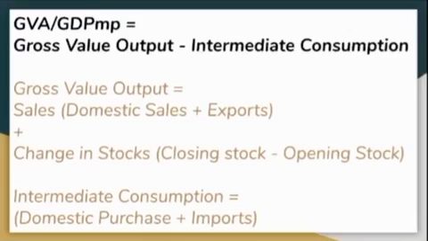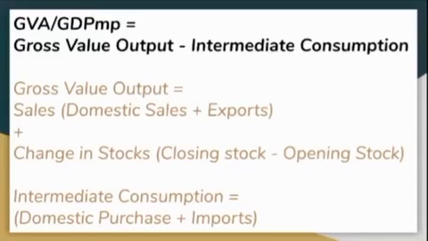And change in stocks, either it will be given directly in the question. If not given, then you will be given the value of opening stock and closing stock. So to get the value of change in stocks, what we will do? Closing stock minus opening stock, and we will get the value of change in stocks. We will add that in sales and we will get the value of gross value output.